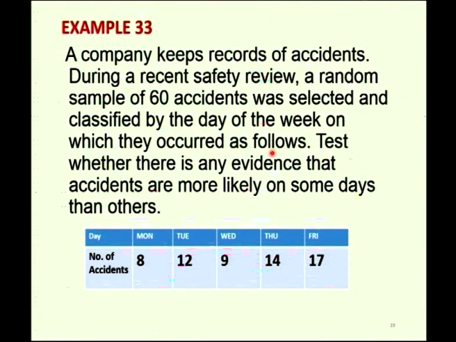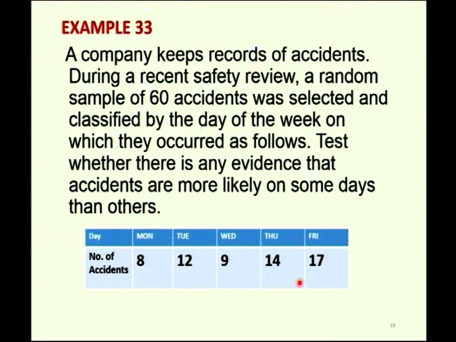In a particular week it was calculated, and then Monday 8 accidents had happened, Tuesday 12 accidents, like that Wednesday 9, Thursday 14 and Friday 17 accidents. Test whether there is any evidence that the accidents are more likely on some days than others. It means whether the accidents are equally distributed over the week.